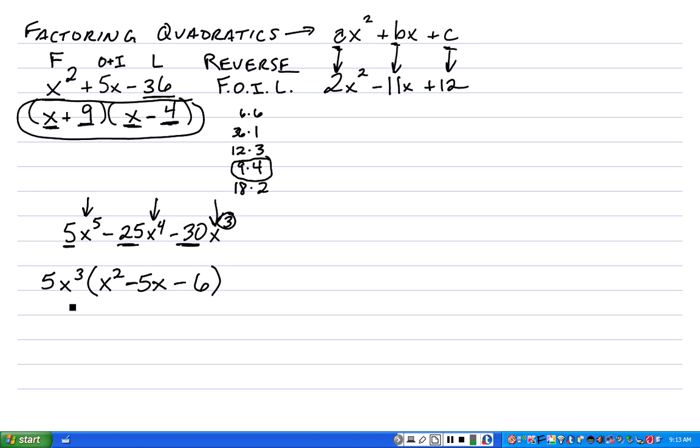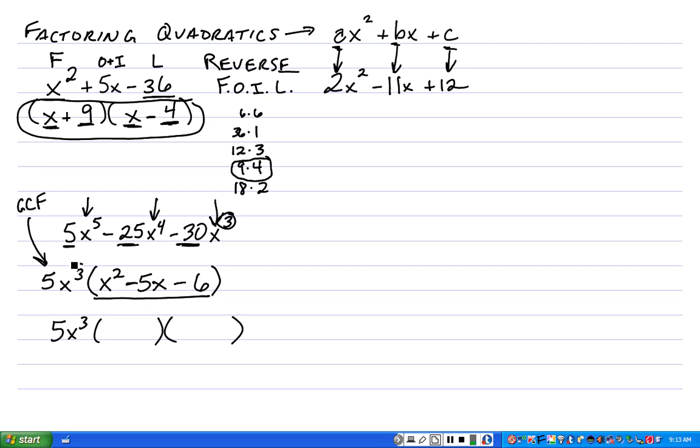So now you see, once we factor out the GCF of 5x to the third, we're left with a trinomial now that fits our quadratic form. Okay, so now what we want to do is set up our two binomials that would give us this trinomial.